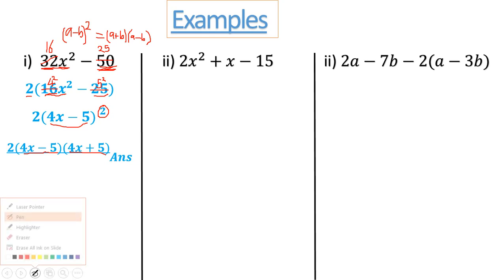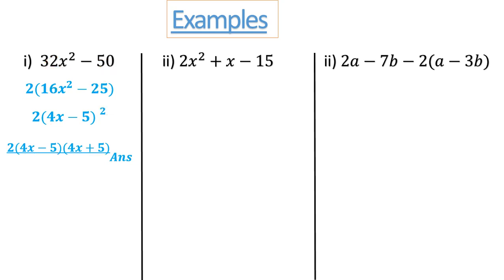The only thing you have to remember is when you see 2 terms and you see a minus, just know that that is a difference of 2 squares. They can be in fraction form too.